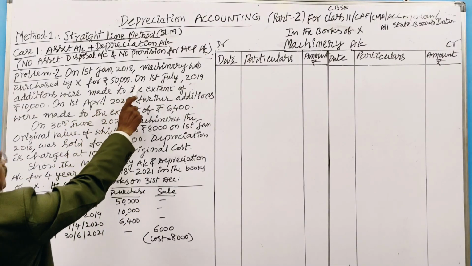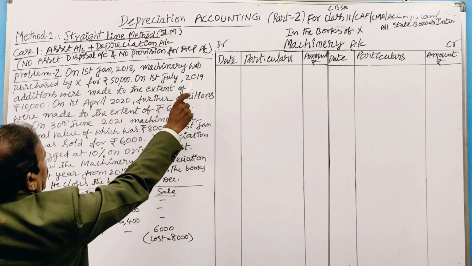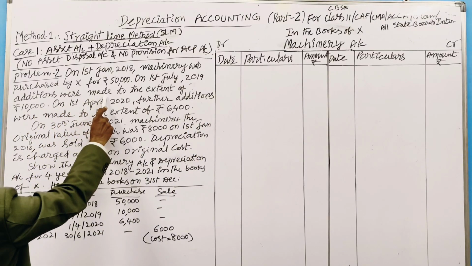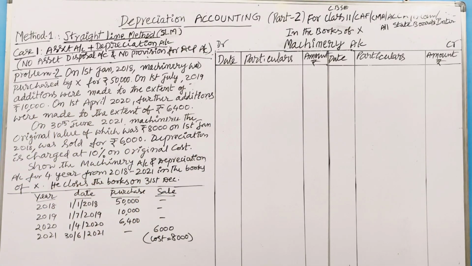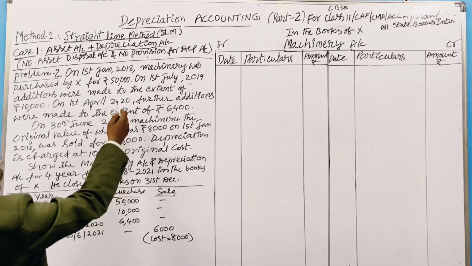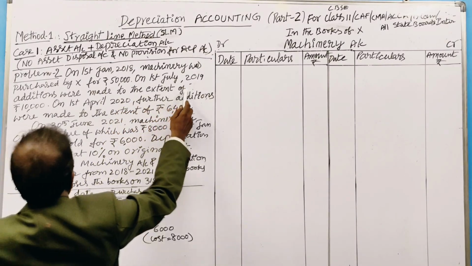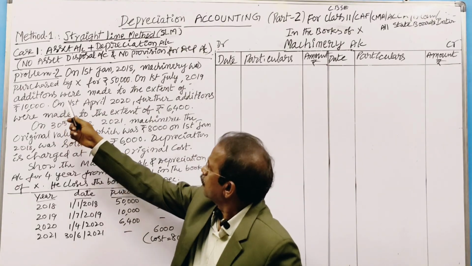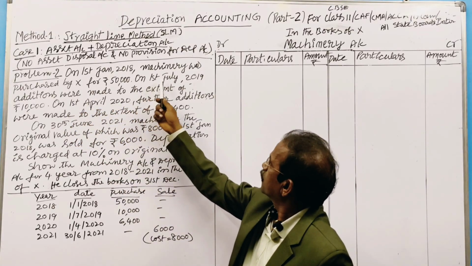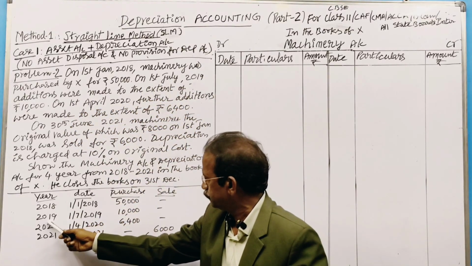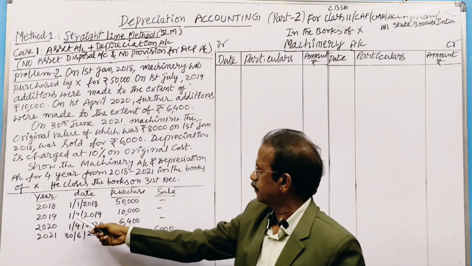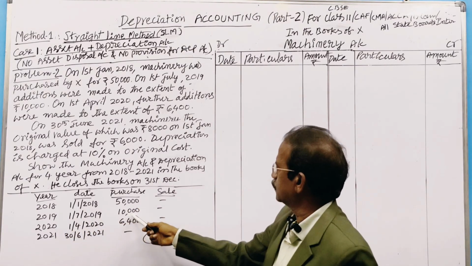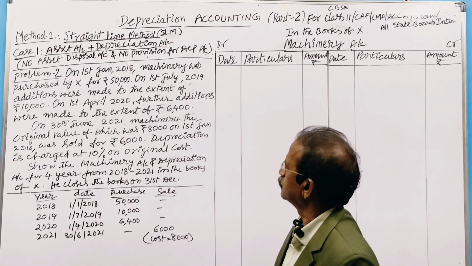Then continue reading. On 1st July 2019, additions were made. Means one more machine was purchased to the extent of 10,000. So you have to put the date on 1st July 2019, 1/7/2019 and 10,000 amount you have to write here.